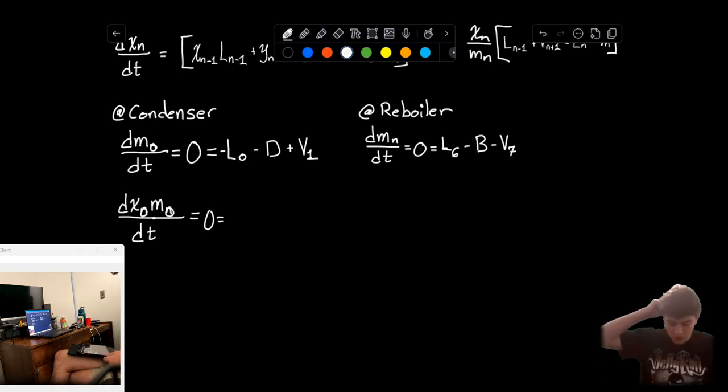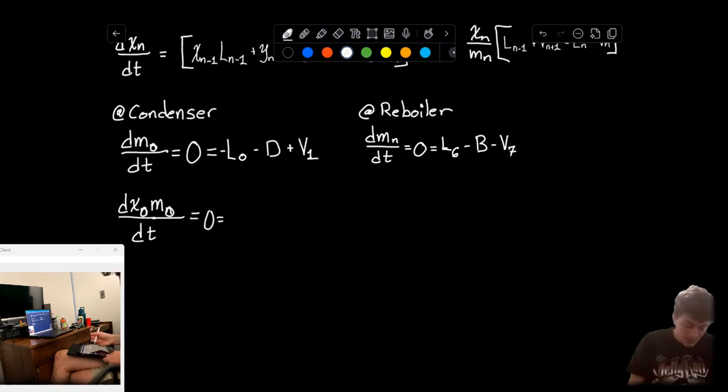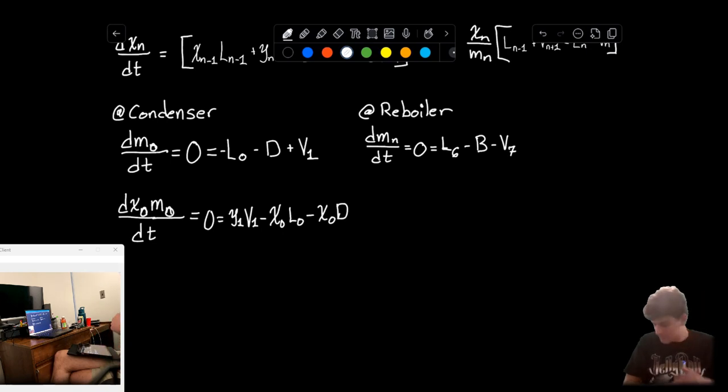And what is that change really going to be? Well, it's going to be what's coming in, so y1 V1, minus what's going out, x naught L naught, minus x naught D, right? And I guess we could also call x naught xD, which is what I did in the initial drawing, but it doesn't really matter.